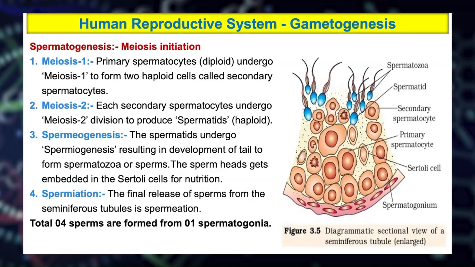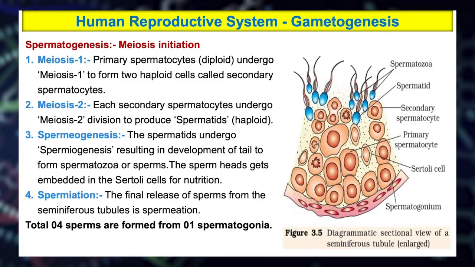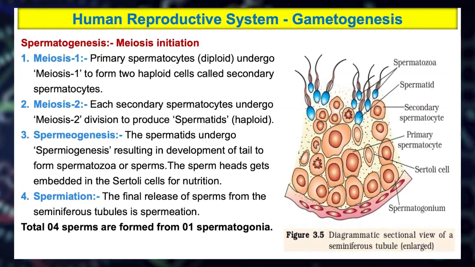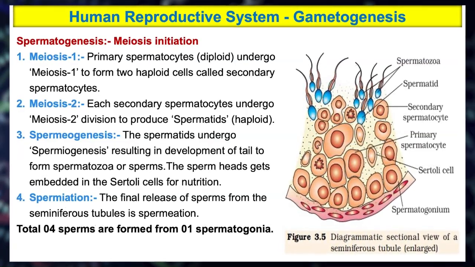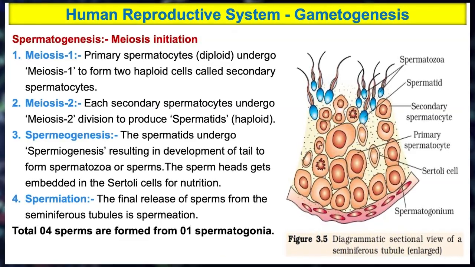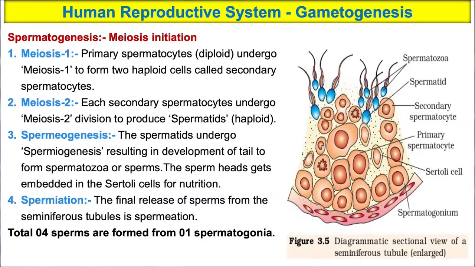These secondary spermatocytes undergo meiosis 2 to form spermatids. The next stage is spermiogenesis, where the spermatids undergo change in their shape. They develop a tail to form spermatozoa or the sperms.